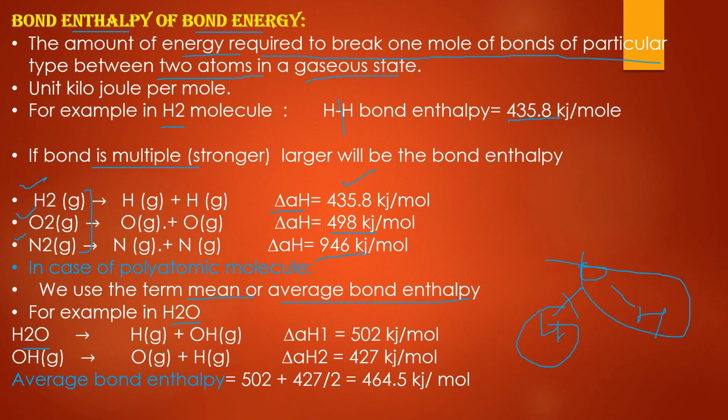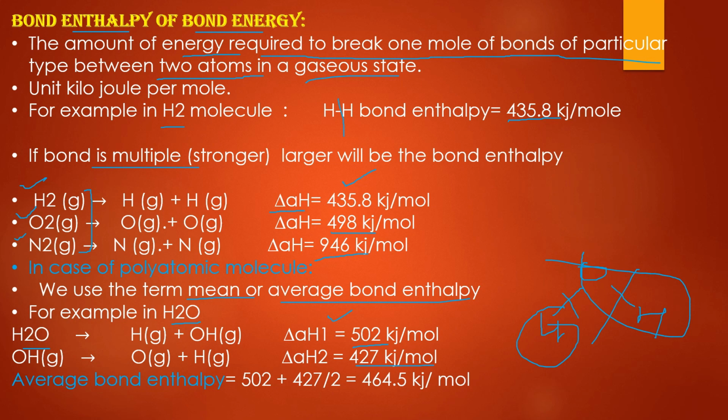So this is H and OH, and the delta H1, that is enthalpy of atomization 1, is 502 kilojoule per mole. Now in the second step the bond between this O and H will break. So OH is converted into O and H, and the energy required is 427 kilojoule per mole.